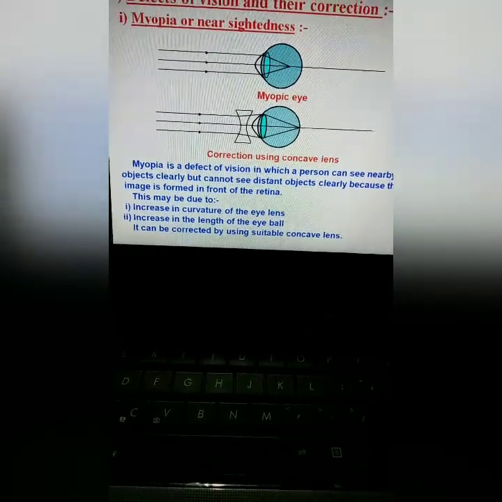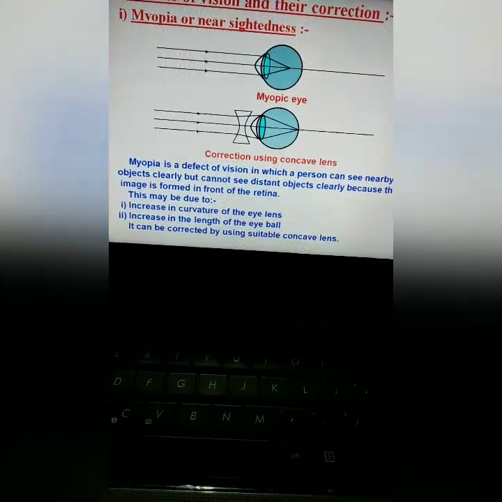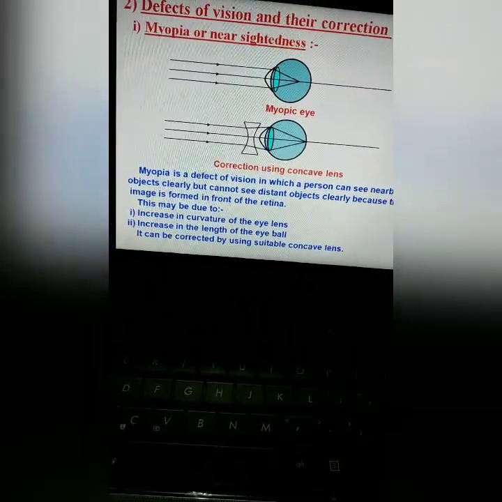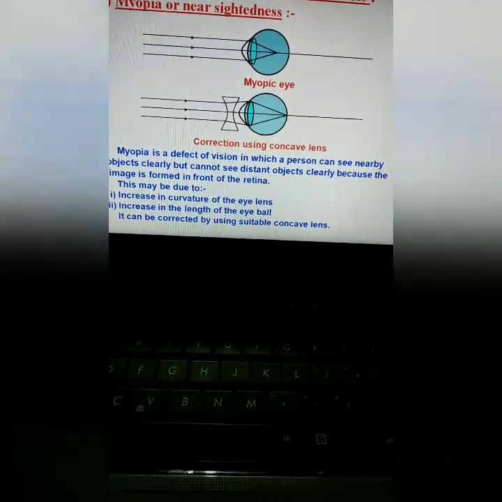In your mind it may be, if the person cannot see the far object clearly, then why is it called nearsightedness? That is because as human beings we do not accept our difficulty. We are always hiding the difficulty. Like if both our near point and far point are 25 centimeter and infinity, we are a normal eye, and we never say that we can see near objects and we can see far objects.